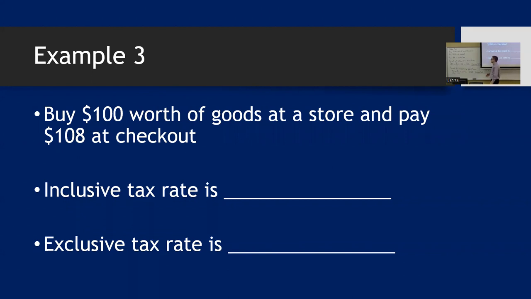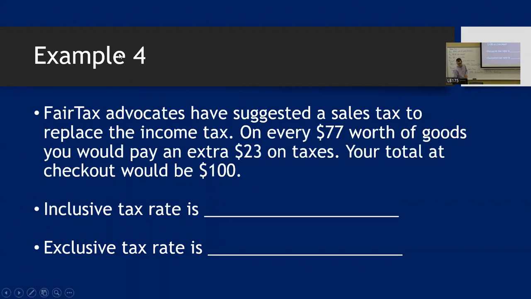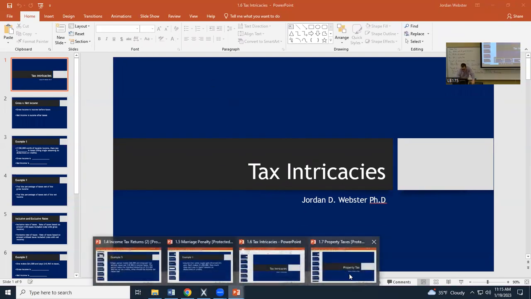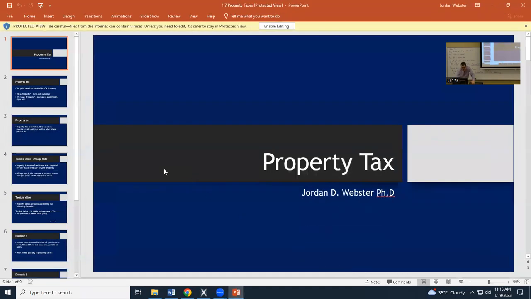Whereas on the income tax, you start with your income and you lower it. And so you get an inclusive tax rate with your income tax, weirdly enough. All right. So that's a weird tax intricacy that I wanted to mention.